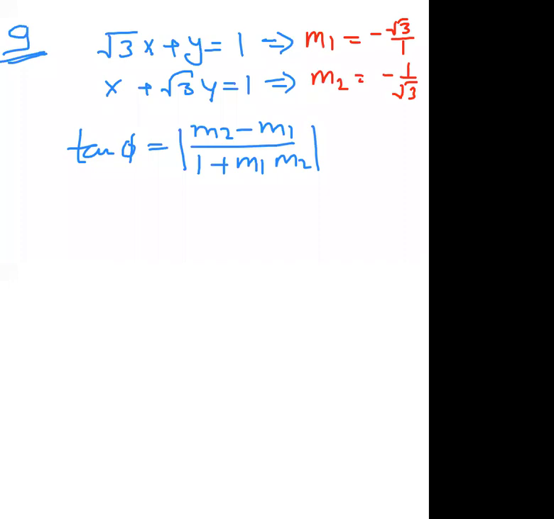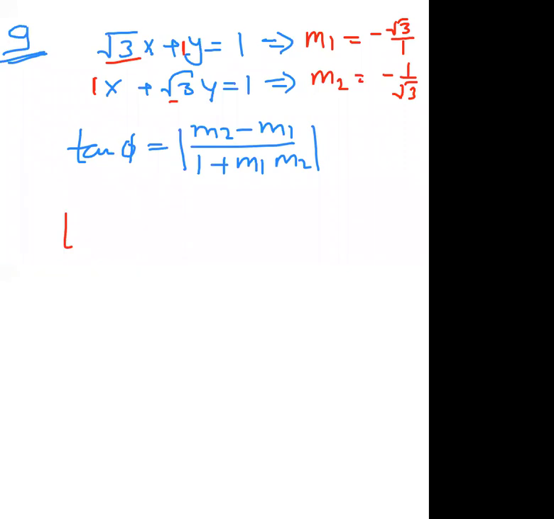So these are the slopes. Slope we remember, I thought you all remember, slope is minus a upon b. A is this, b is the coefficient of y, that is 1. A is 1, b is root 3. So with that, we have done this.